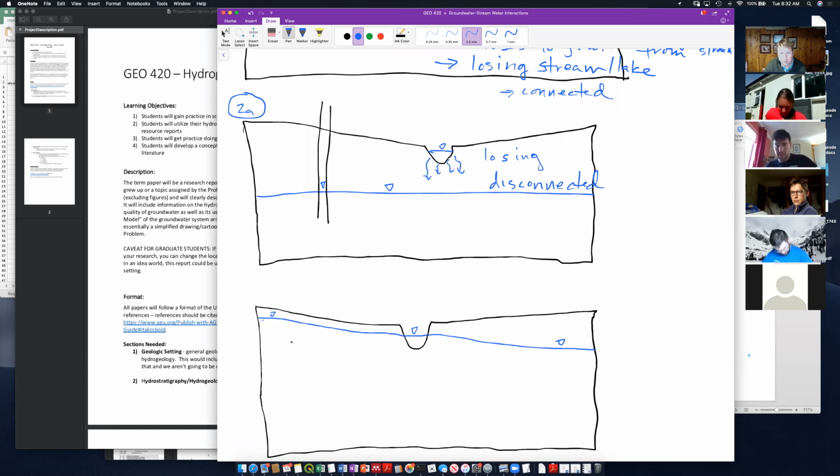So we've got a situation where the stream may gain groundwater from one side and lose to the other. And so we can think of this as groundwater essentially flowing through our stream or lake, all right? So groundwater flows through, so we call this a flow through.